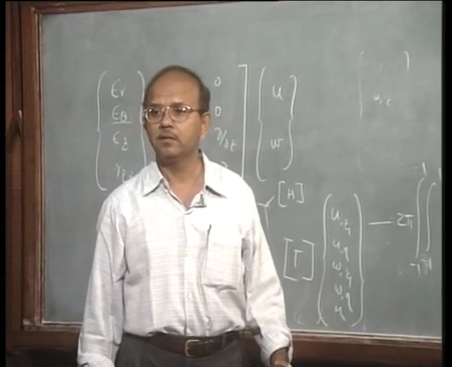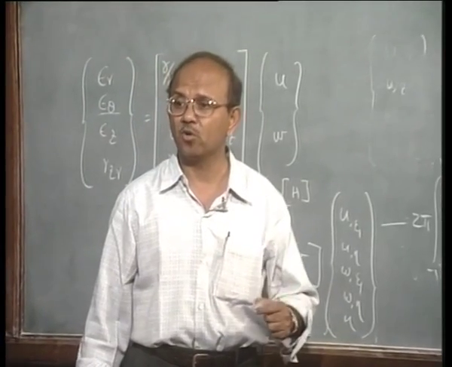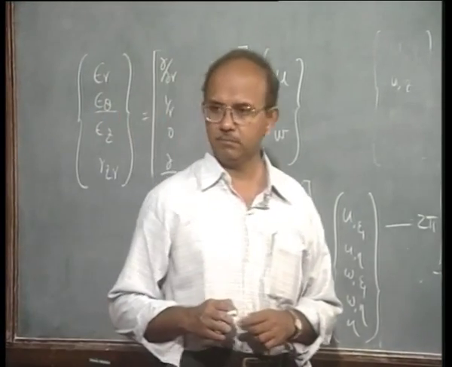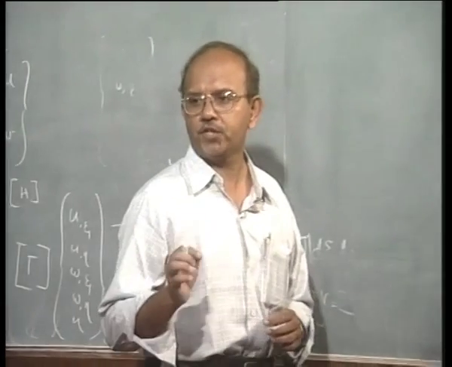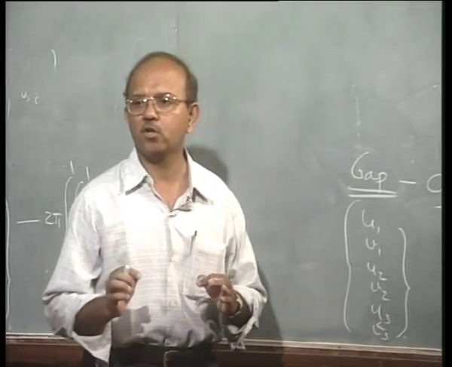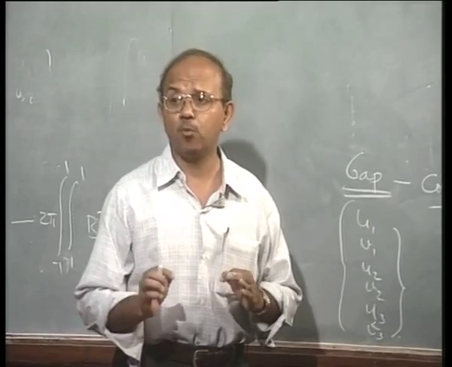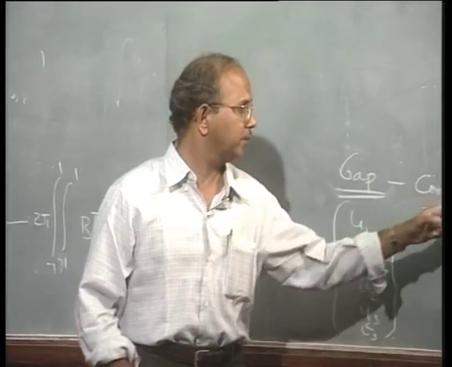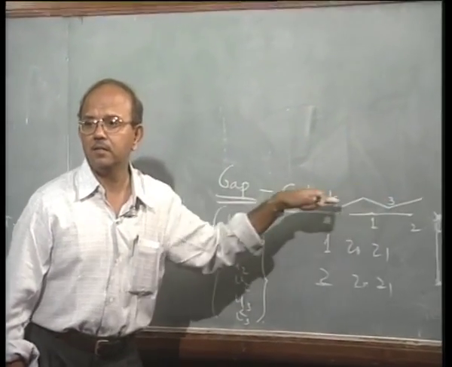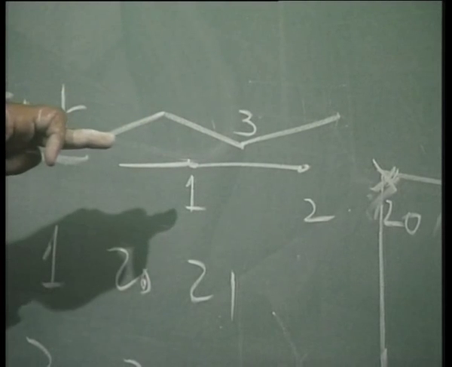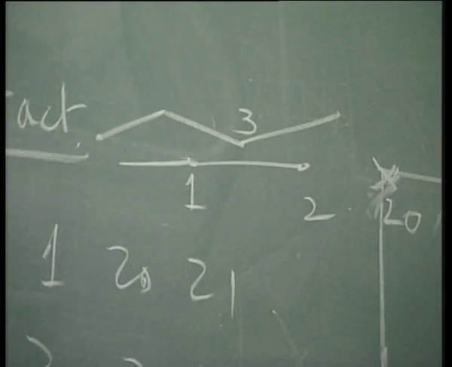In other words, contact element can also take into account friction. There is friction which can also be taken into account in the contact element, and that is the reason why I have displacement in the x direction as well. Okay.